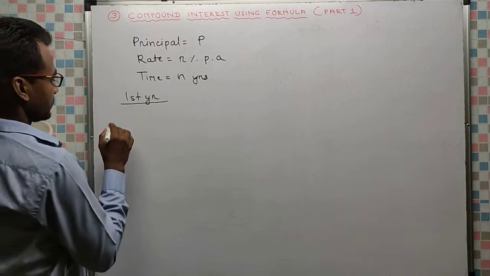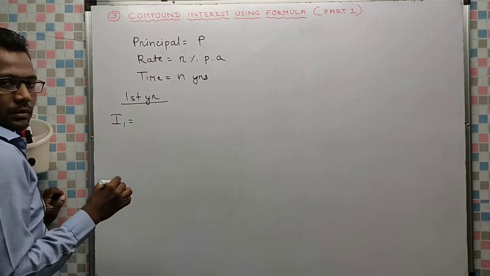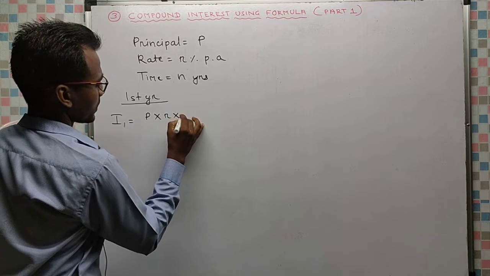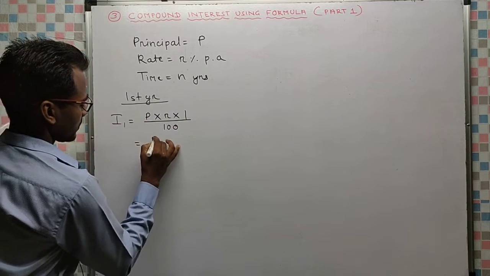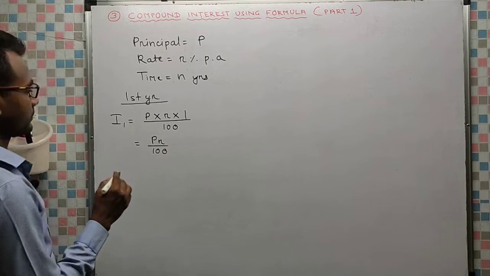For first year, interest is equal to P into R into 1 by 100, that means PR by 100.